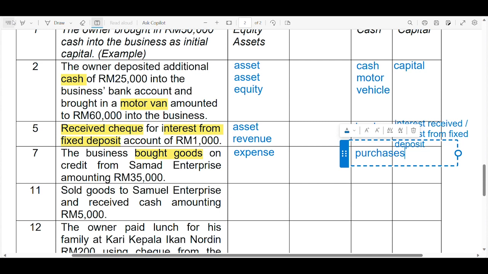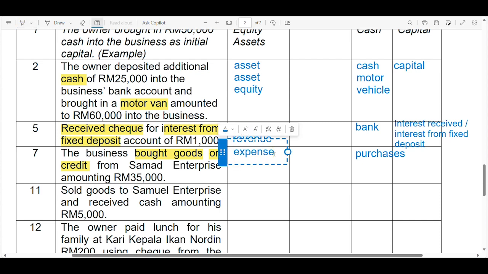How did the business buy the goods? On credit. On credit, meaning that the business owes money to Samad Enterprise. So this debt needs to be settled in the future. So there is an increase not only in expense but also an increase in liability.